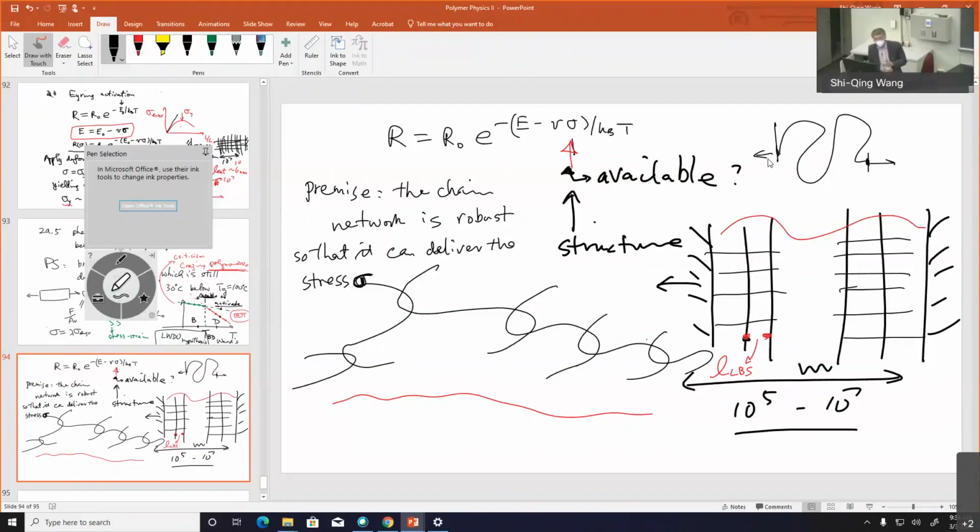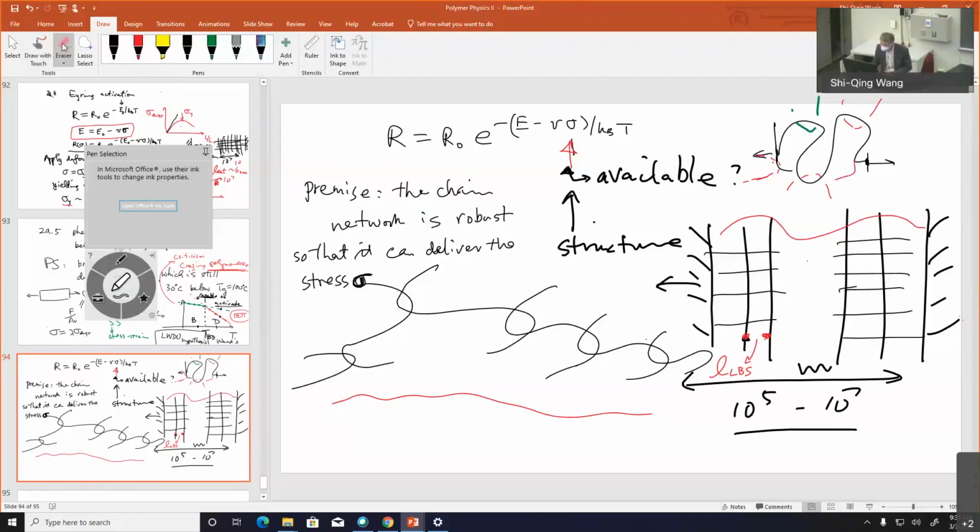Okay, this is the reality. If you think about one chain that are obviously hooked by other chains, right? I don't know how long you wish me to draw this chain. So could be this long, and then there's some additional chains hooked here, and this chain is trying to move.